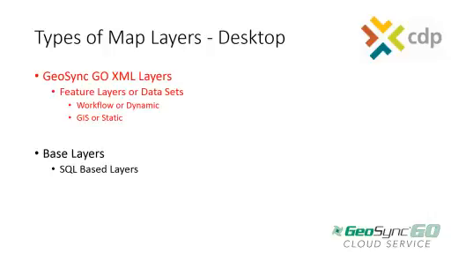So really these tools work with both of those types of layers. The other type of layer that we might have in the desktop are base layers we use for reference purposes. The search and filter options do not work against those SQL-based layers that are designated as base layers. It's only going to work with our feature layer, our XML layers.